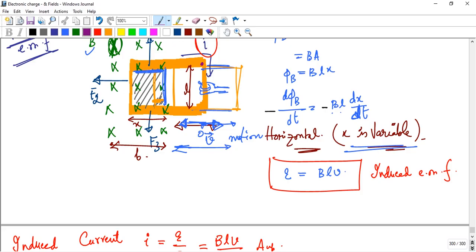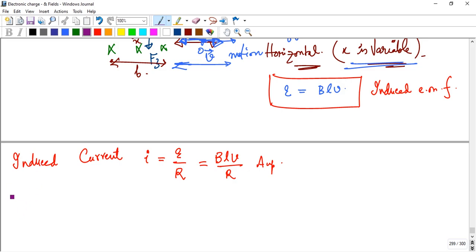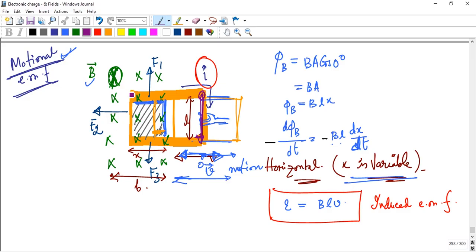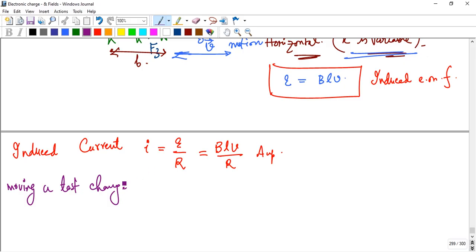So consider a test charge moving from this point to that point, suppose these are called A, B, C, D, from B to C. There is work done, and that work done is equal to the test charge times the EMF, the potential.